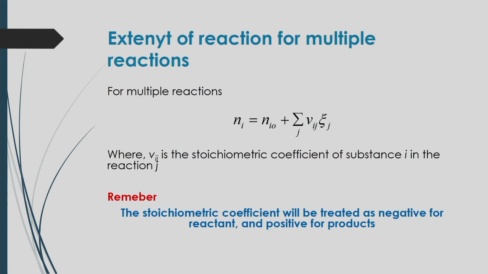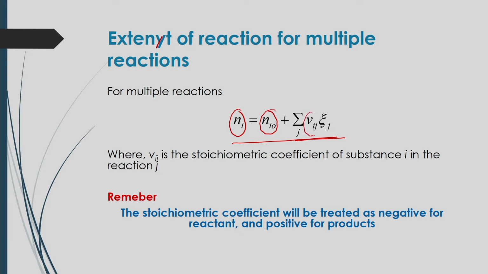Now, how to calculate the extent of reaction for multiple reactions? In that case, for multiple reactions, based on the extent of reaction you can derive the equation as Ni, that means at a particular time the moles of i present in that process unit, will be equal to Ni0, that means the amount of i fed in the feed mixture, plus the summation over j of nu ij into xi j.